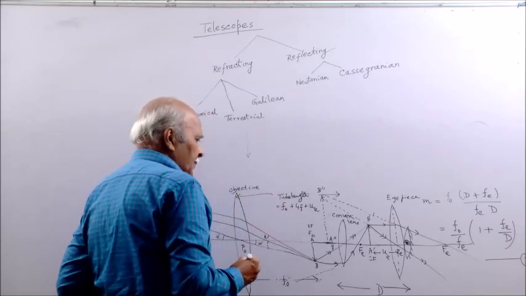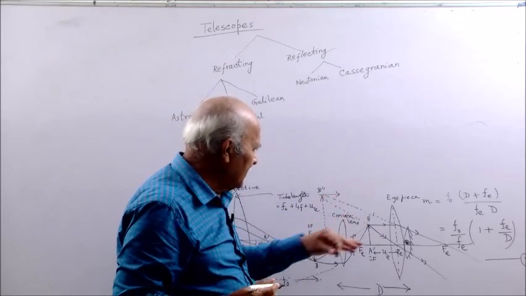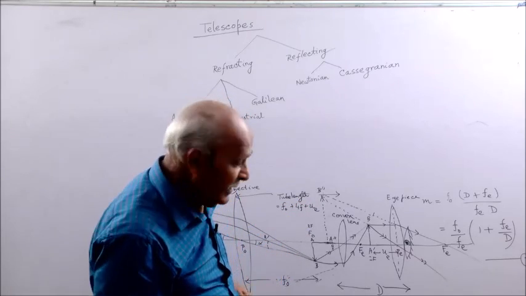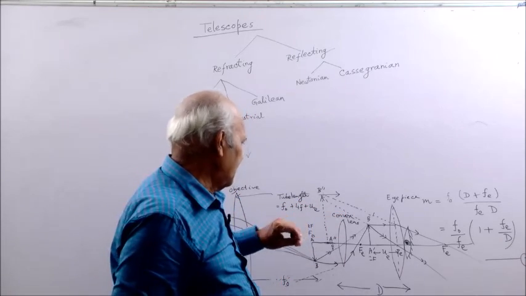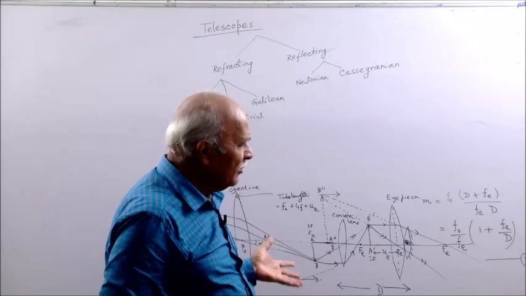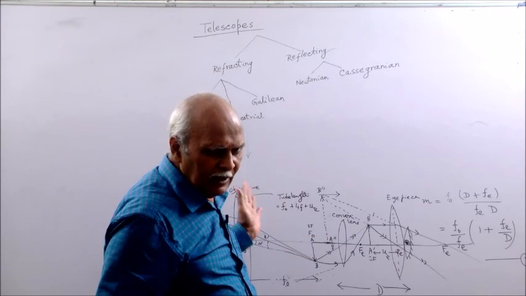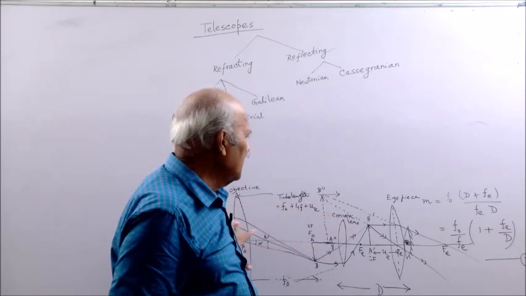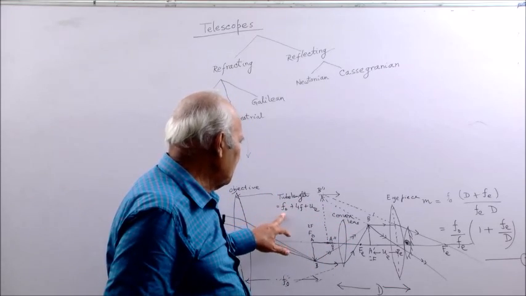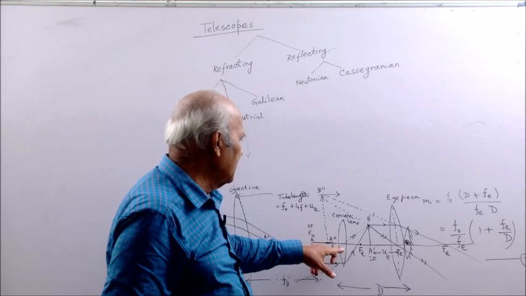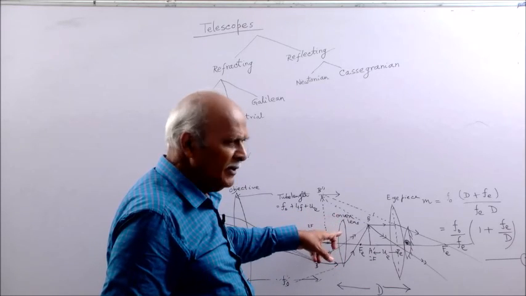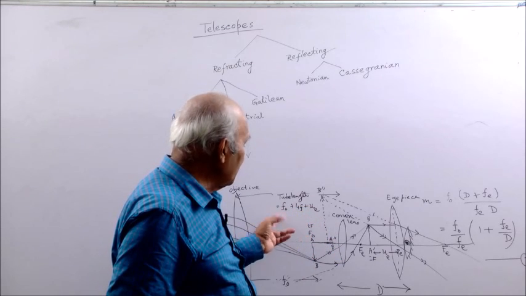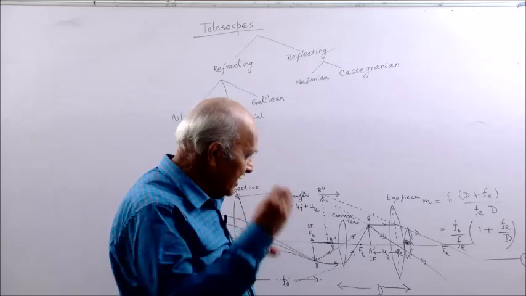So, here the advantage is that the final image is erect, no problem, but the tube length has increased, maybe to some inconvenient length, so that one faces difficulty in adjusting the lenses. Suppose focal length is 10 centimeter. For the convex lens, it will be 40. So, 40 plus FO plus UE becomes very large.